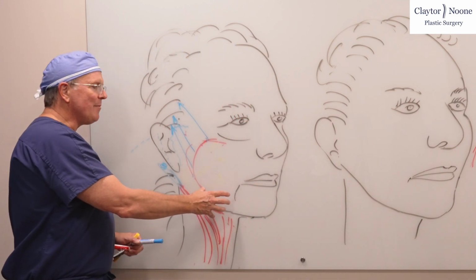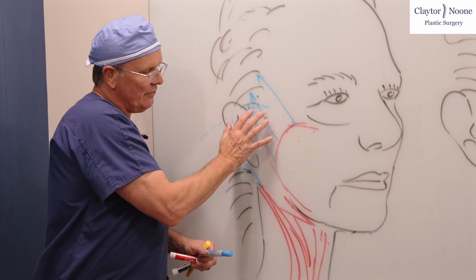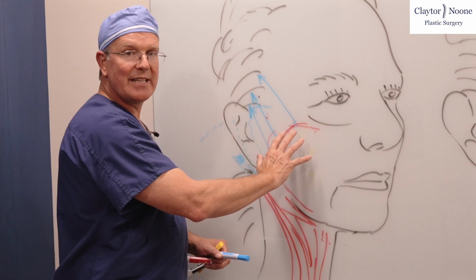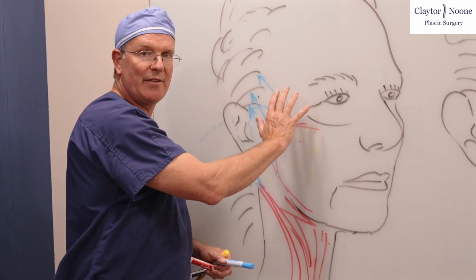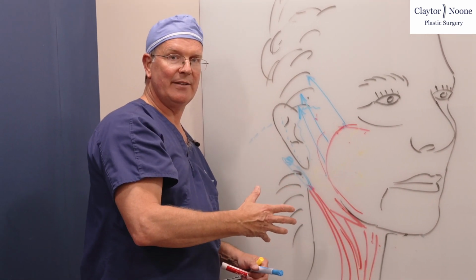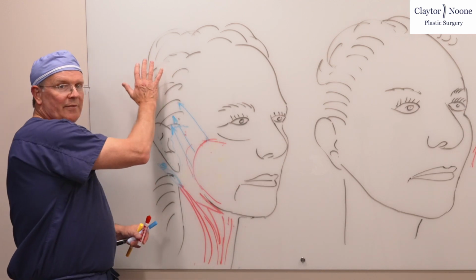You can get them to some degree with a neck lift because you're lifting up to here and you're pulling here. But you can see this whole orientation is really much better accessed with the facelift. And then this down here is much better accessed just with the neck lift. Now, when you're doing the facelift and the neck lift at the same time, all of this comes up.